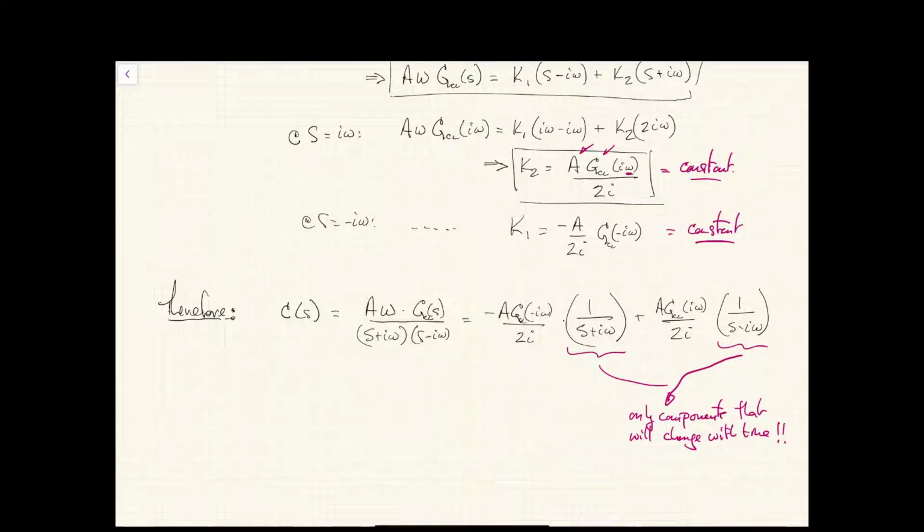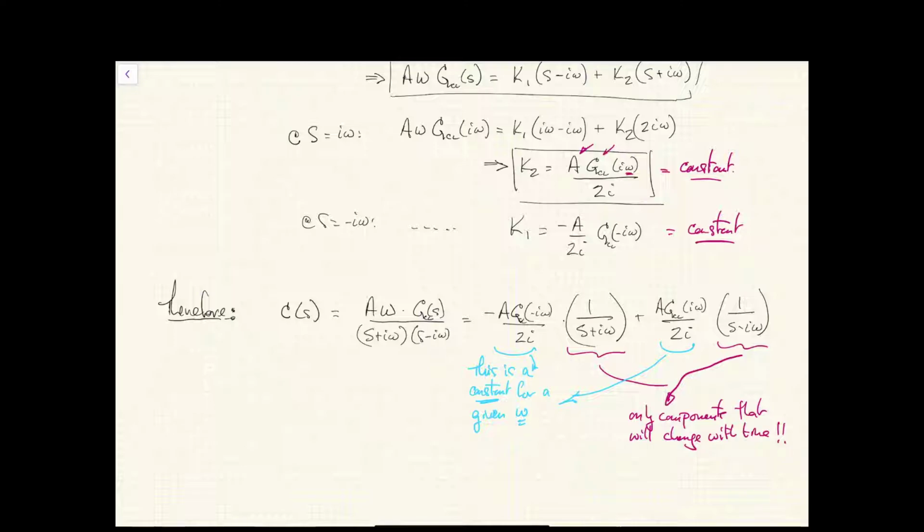So these two guys are simply going to get pulled out just like any constant would as I take the inverse Laplace transform. So these are constant for a given omega. And same with this.